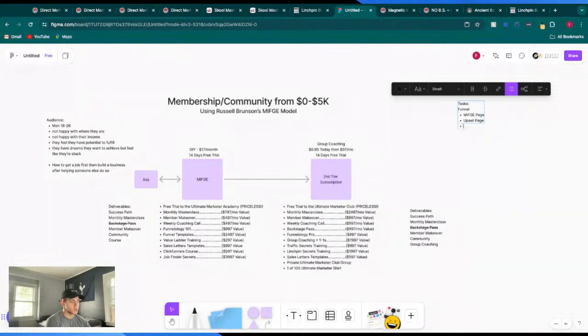We've got to build the thank you page. We've got to build the community group. This is all in ClickFunnels. It's included in the funnel. Communities, plural, right? Yeah. Communities.